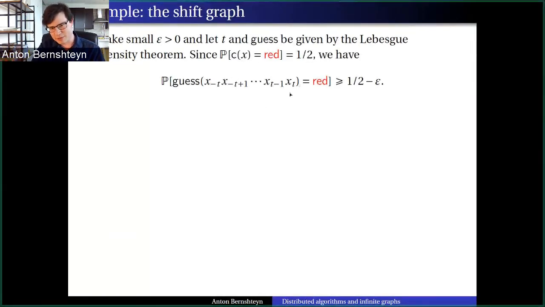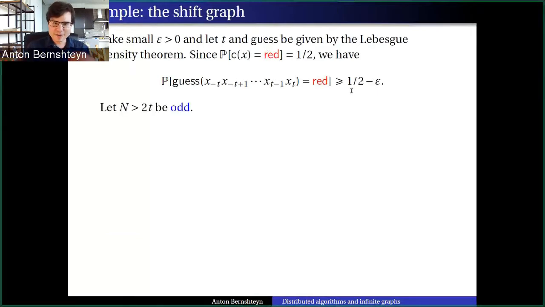This means that the probability that I guess red must be at least 1/2 minus epsilon, right? Because of those 1/2 proportion of the time when the vertex is red, maybe I make an error. My guess is incorrect epsilon proportion of the time, but the rest of the time I actually have to guess red. So this function guess, when applied to a random sequence of length 2t, has to output red with probability at least 1/2 minus epsilon.